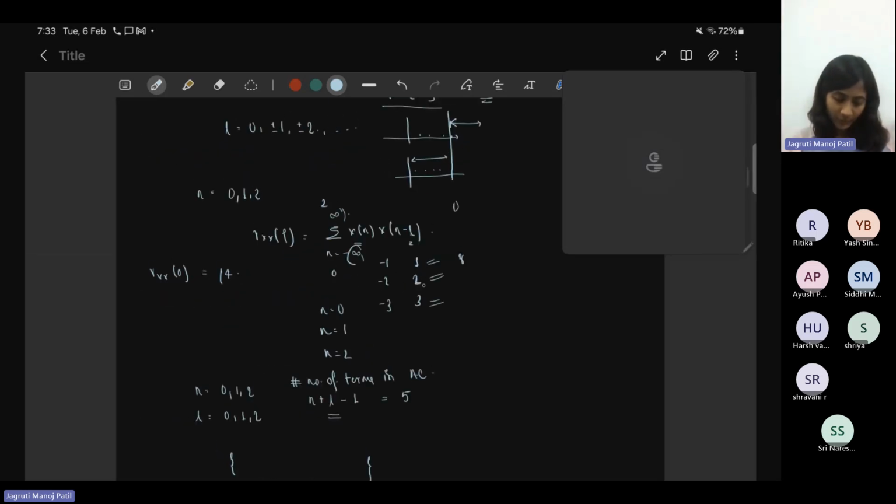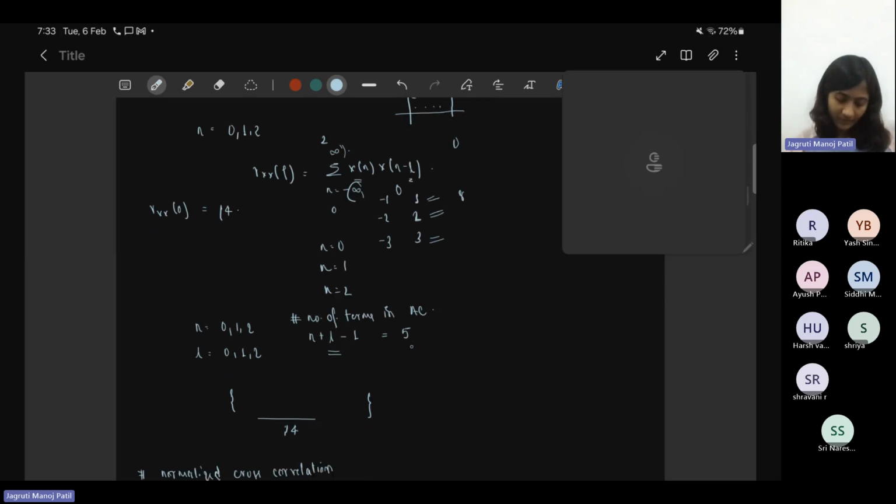Now you can compute it for 2, 3, -1, -2, -3, and also 0, and then you can see how the signal is getting. You'll get a total of 5 terms given that for n you have 0, 1, 2. For L you have as many shifts as you delay the signal until you get the value 0. That would be the number of terms you'll get when you normalize by the value at the maximum, Rxx of 0.